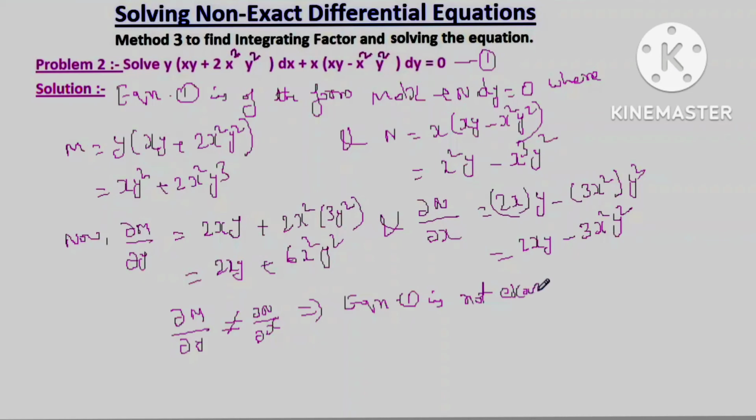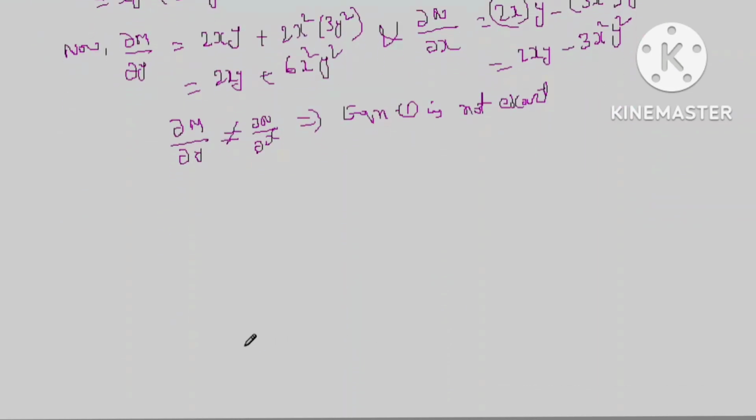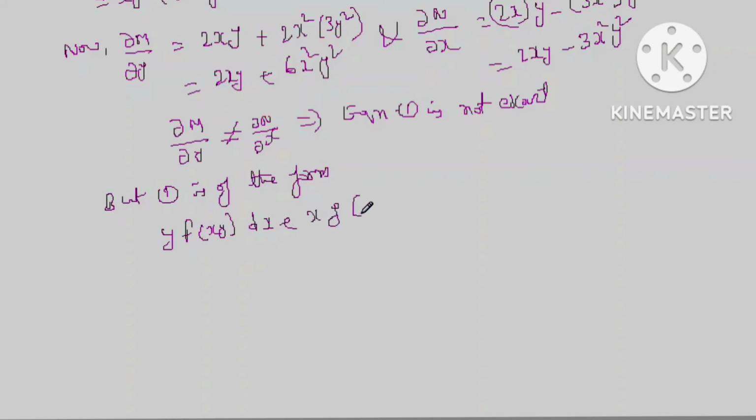But we can observe that the given equation is of the form y into f of xy dx plus x into g of xy dy is equal to 0, isn't it?